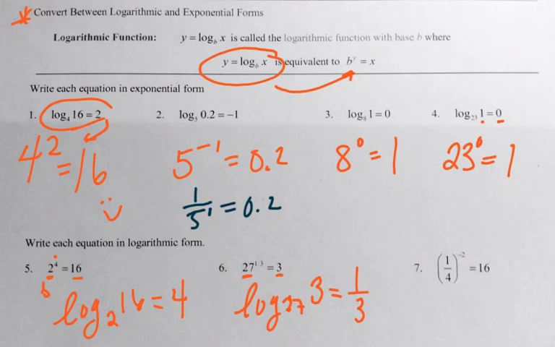This one looks a little tricky, but my base is 1/4, so that's going to be log base 1/4 of 16 equals negative 2. Remember, that's just saying that 1/4 to the negative second power would equal 16. So this is how we convert between log functions and exponential functions, and between exponential functions and log functions.